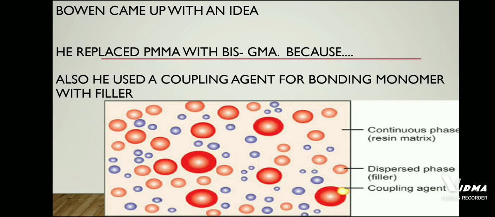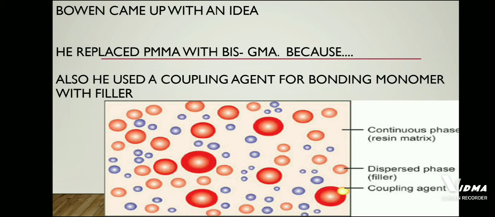So what can we do now? There is a scientist called Bowen who came up with an idea. He replaced these PMMA based resins with BIS GMA. So the monomer we are using is BIS GMA instead of PMMA. Why did he replace PMMA with BIS GMA?